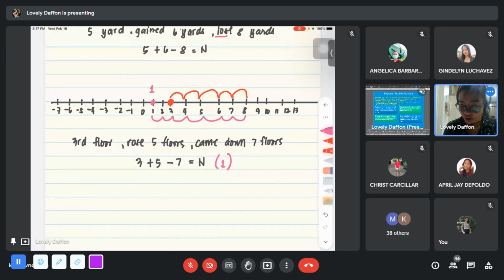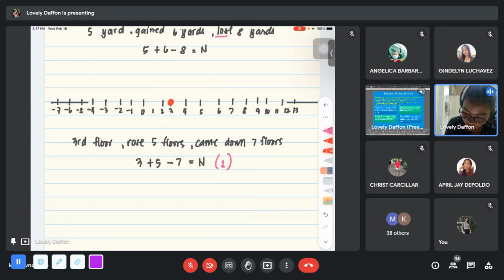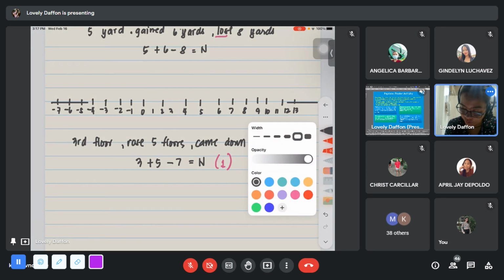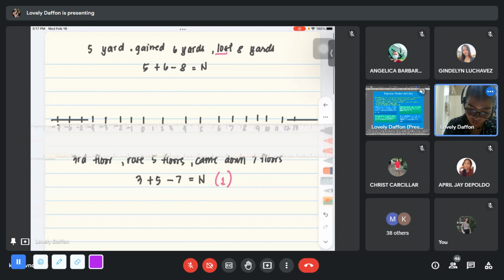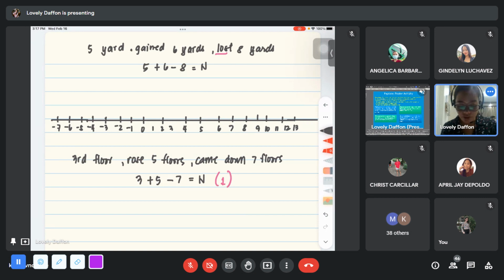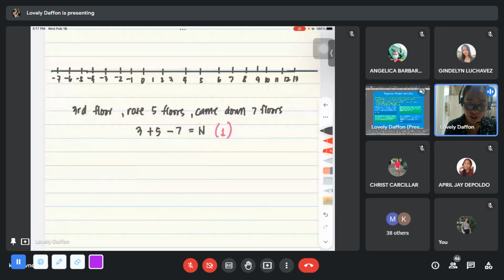Let's try to erase this one. Okay, so our equation again would be: Jose had $8 in his pocket, and then his uncle gave him 5.